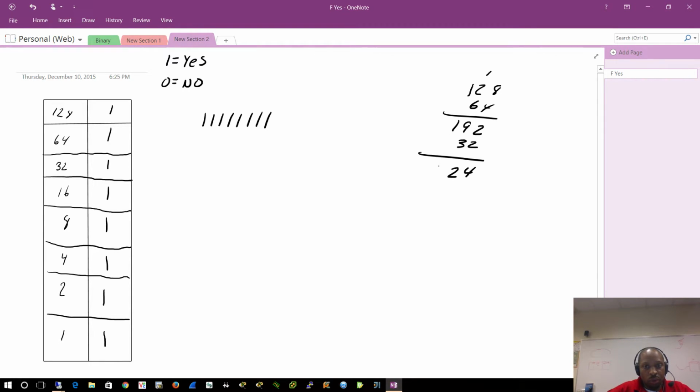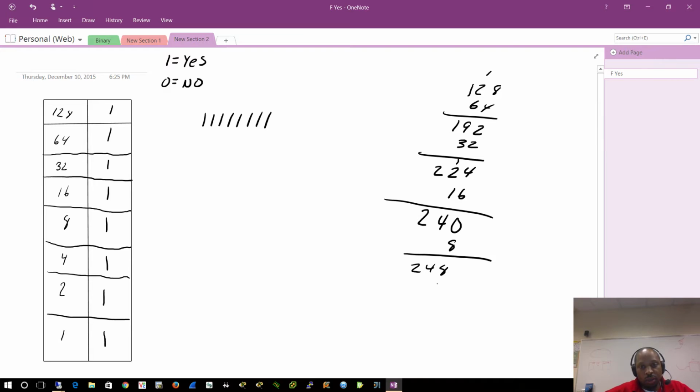Carry the 1. It's 224. We'll add 16 to that. Right? 6 and 4 is 10. Carry the 1. 2, 1 and 1 is 4. Drop down the 2, 240. Let's add 8 to that.